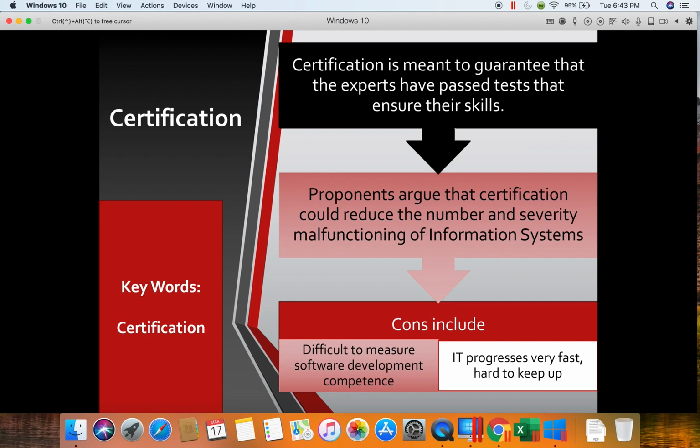And the second thing is, people fear that because IT progresses so fast, ensuring that they know what their skills are would mean you'd be constantly taking tests and retaking tests. And a test that you took to get certified today, 2 years from now, would be irrelevant. And so they also look at that as a con against it.